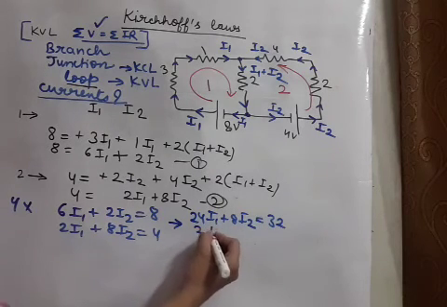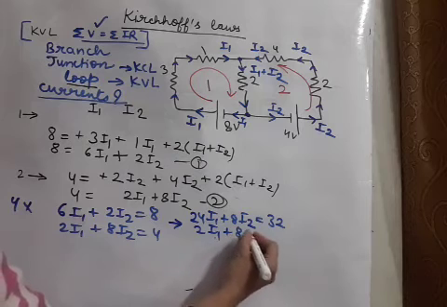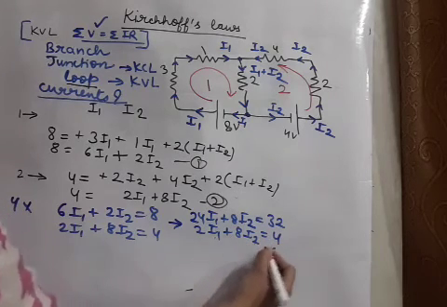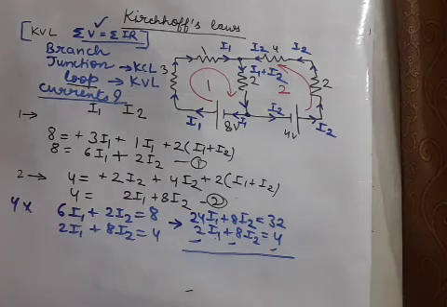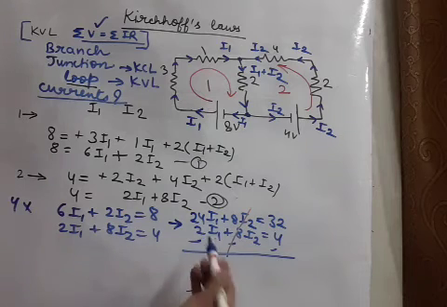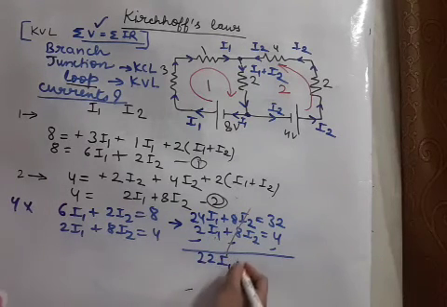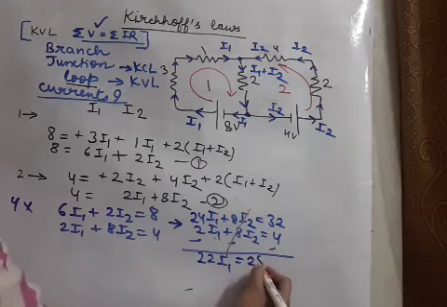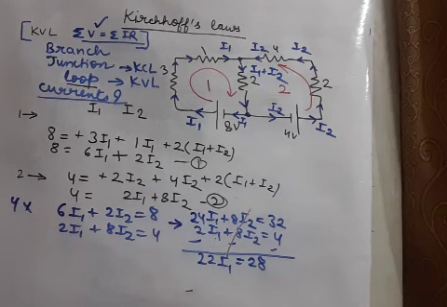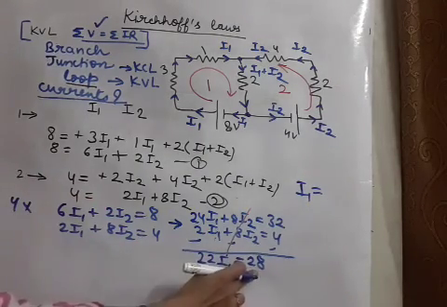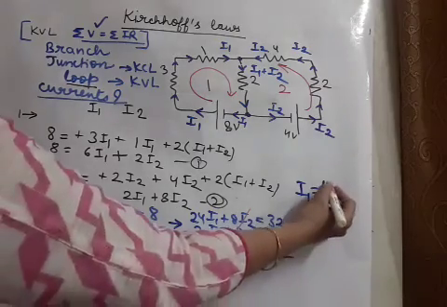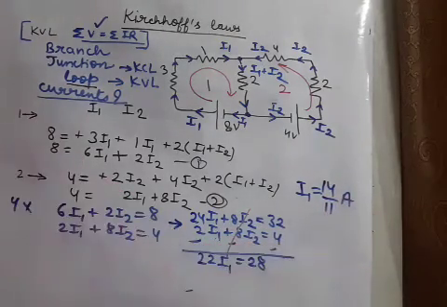Subtracting the second equation from it, this part will cancel and we are left with 22I1 equals 28. That means we obtain I1. The I1 answer is 28 by 22, that means 14 by 11 ampere.